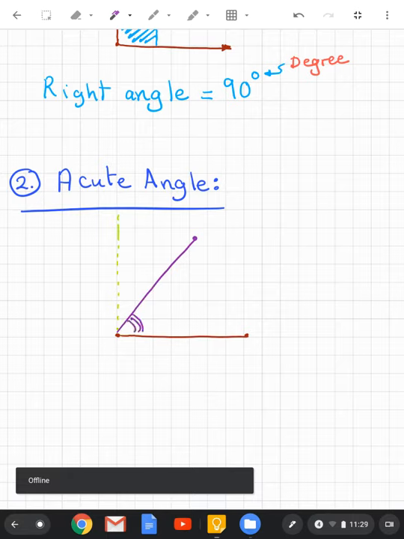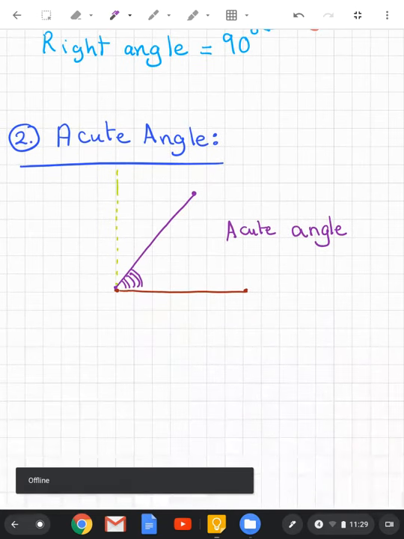So the distance here, or the angle formed here, we call acute angle. Its measure is less than the right angle. If we are measuring from 0, the acute angle should be less than 90 degrees.